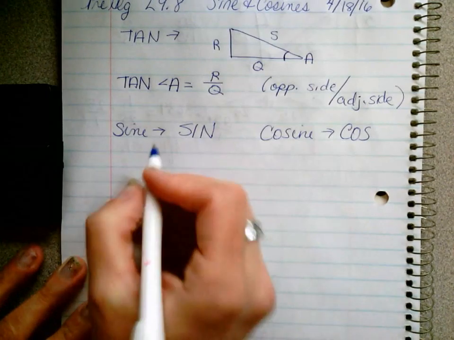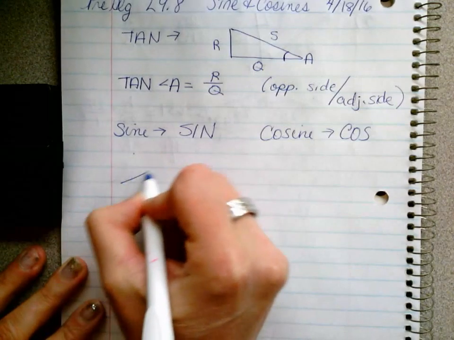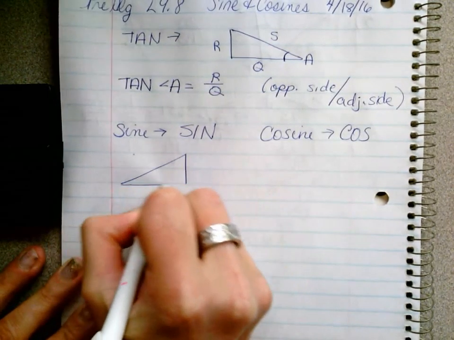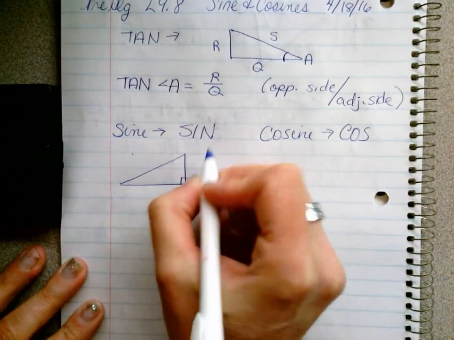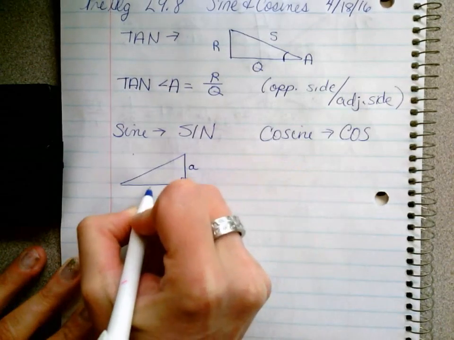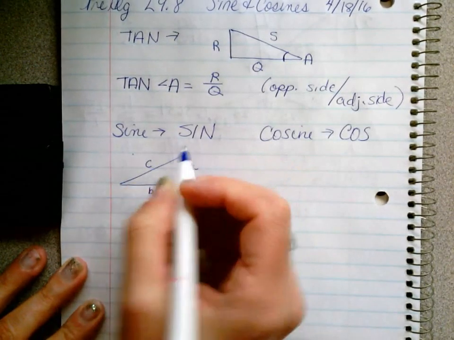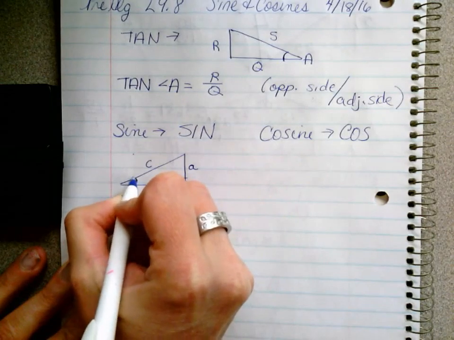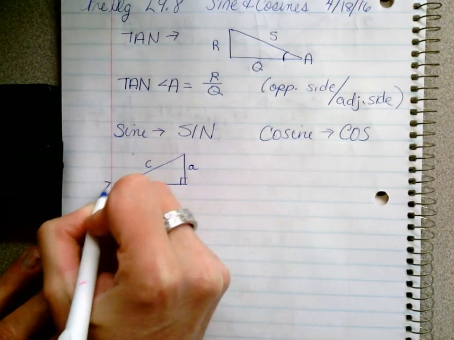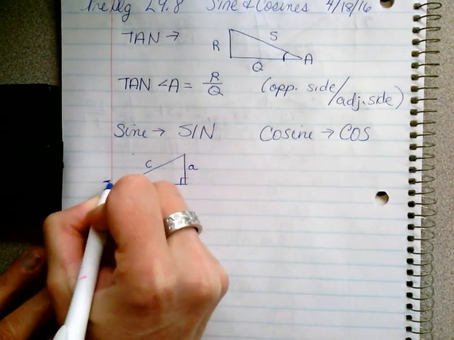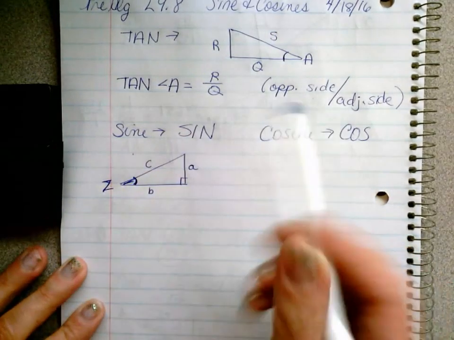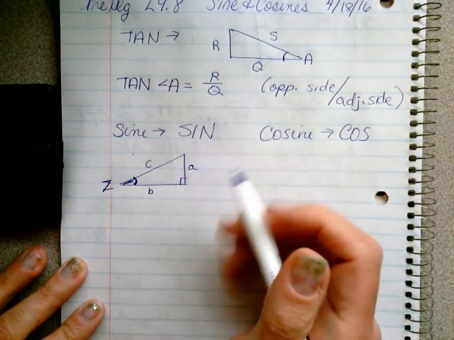I'll draw their triangle again. I'm going to call it angle Z, though, because I don't like the fact that they're using the same letters.